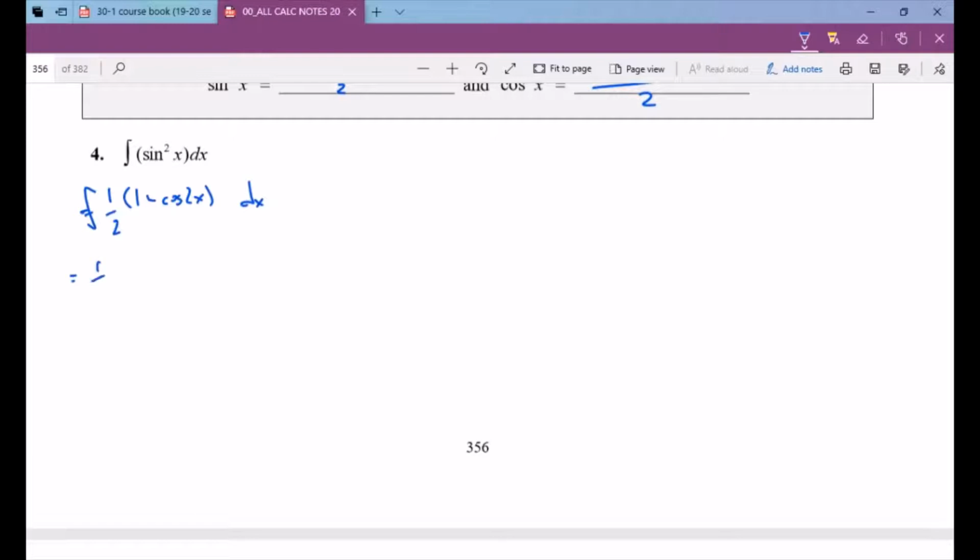We can bring that 1/2 outside of the integration. And now we're just integrating 1 minus cos 2x. First term is just x, and this ends up being minus the integral of cos 2x dx.